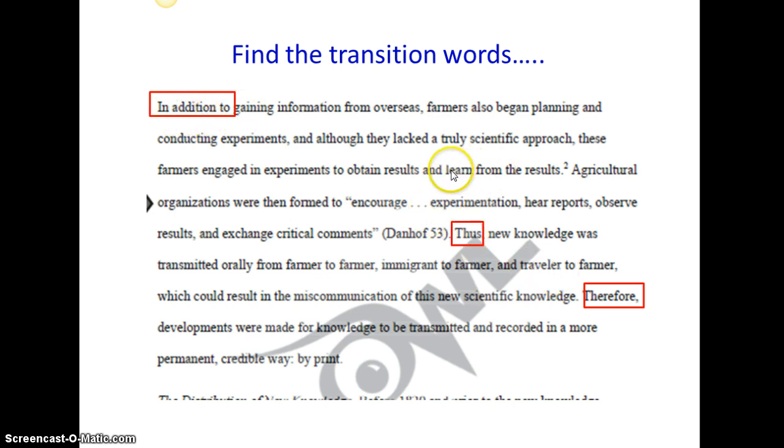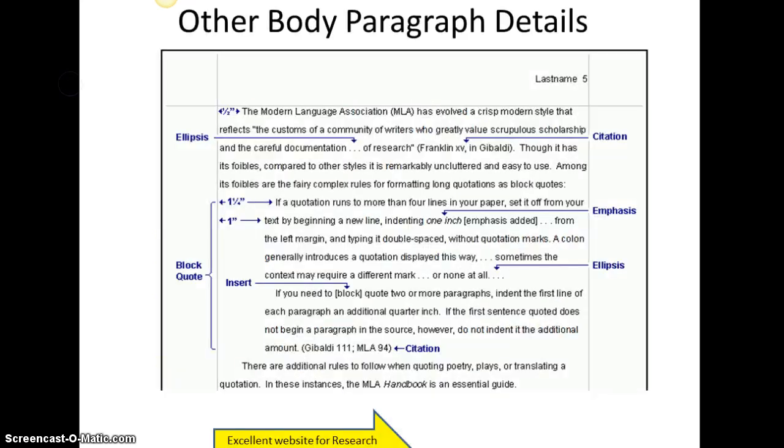Have things like "agricultural organizations were then formed," or "agricultural organizations like this were formed too." And so use words that connect rather than just all the traditional transition words. If you're stuck for transition words, you can always Google "transitions" and you'll be able to get documents that give you transitional words to get your brain going.